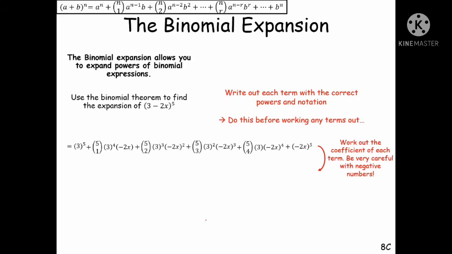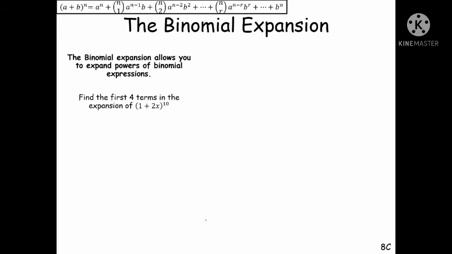Be careful with your negative numbers. If you're not comfortable with your negatives, you need to practice those. This is substituting into that formula I did a minute ago. So expanding all this, we get 243 minus 810x plus 1080x squared minus 720x cubed plus 240x to the 4 minus 32x to the 5. That's it.